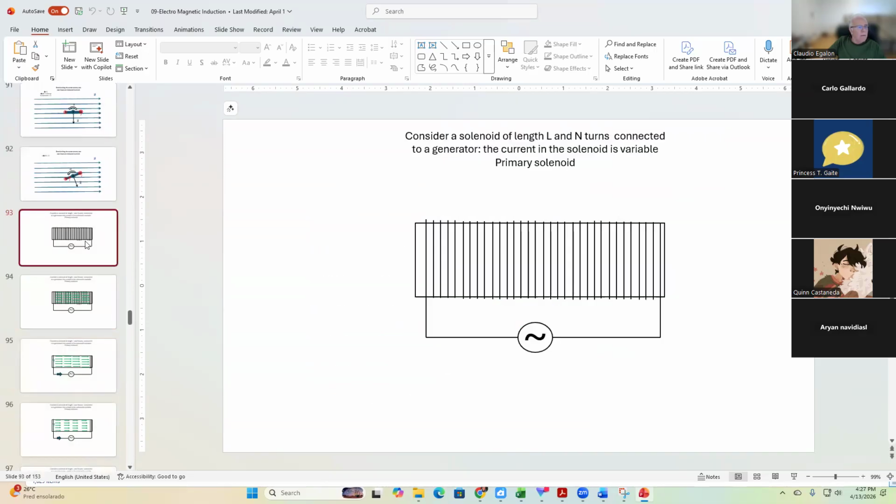Here you go. Consider a solenoid of length L and N turns connected to a generator.